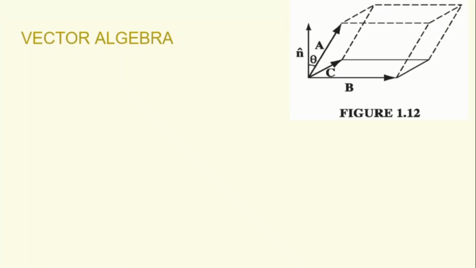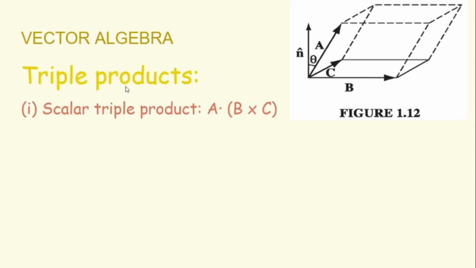The third subtopic of vector algebra is triple products. We have scalar triple products and vector triple products. In scalar triple products, we have three vectors for which we have to take the product, and the result or answer will be a scalar.